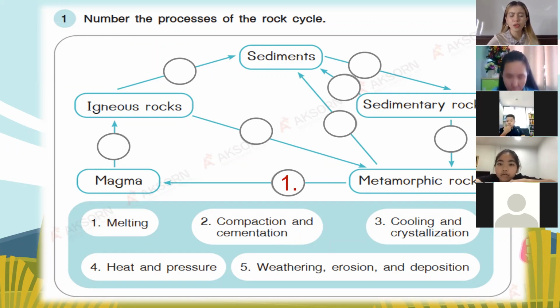Now, you do number 2. Compaction and cementation. Where should we put number 2? Is it here or here? First or second? Second. Very good.